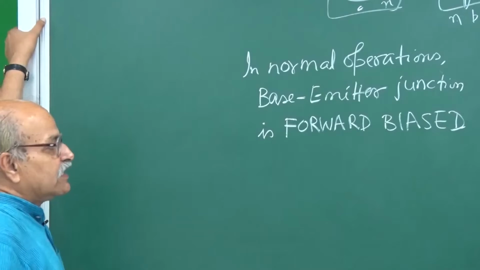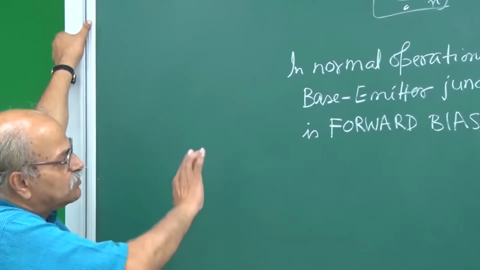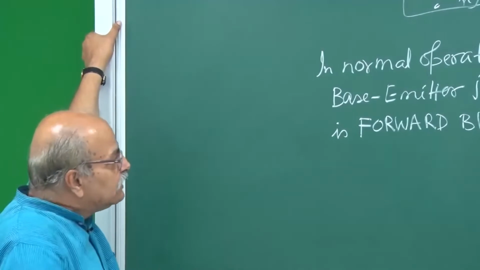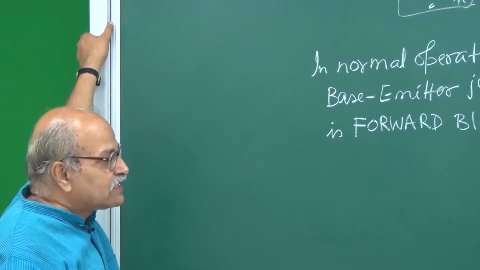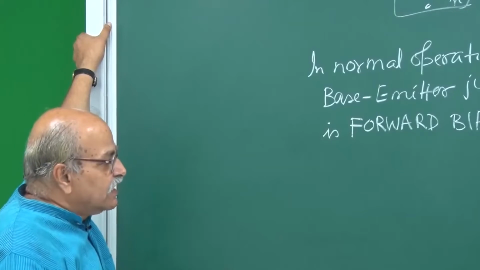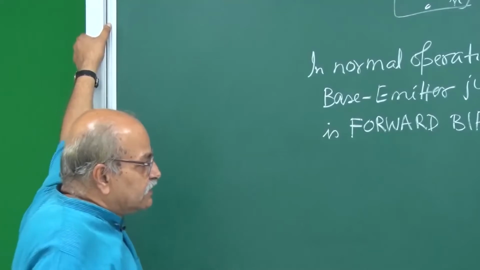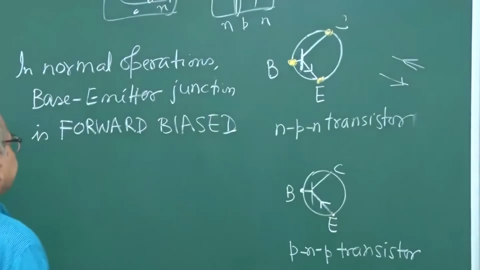The base emitter junction is forward biased in all kinds of applications that we will be using, or in general, and this is valid for a PNP transistor as well as an NPN transistor. So for both kinds of transistor, this is valid.